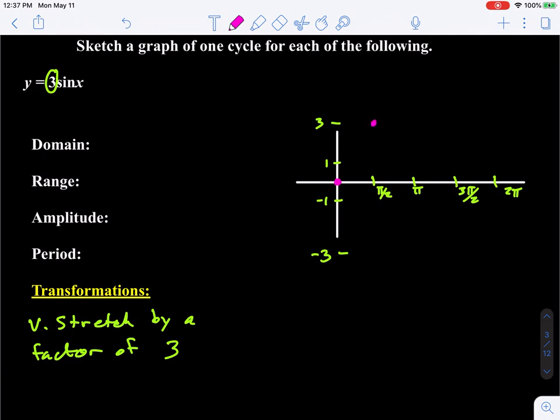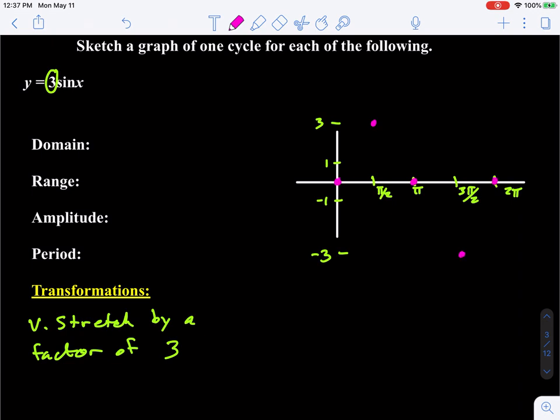And so at pi over 2, you'll have a maximum at 3. At the next x value, that's where you will cross the x-axis. At the next x value, you will have a minimum. And then the next x value is going to be on your x-axis.